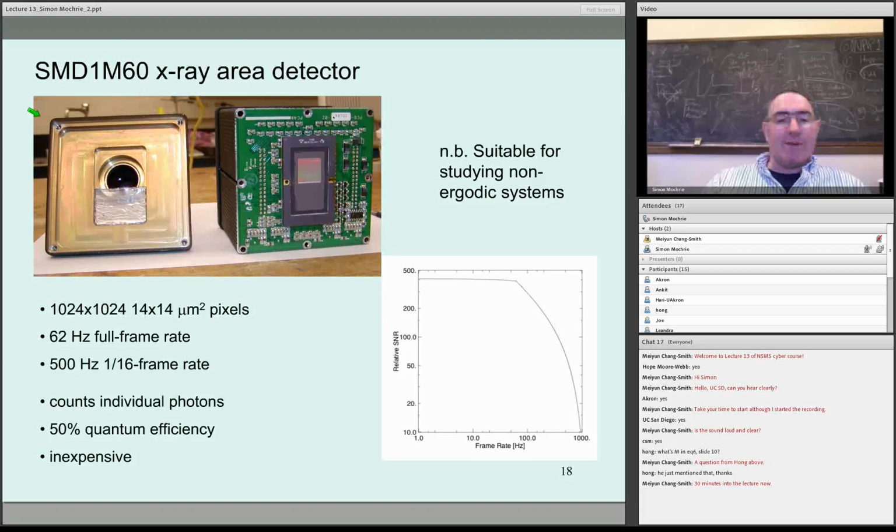You'd like to have a non-zero speckle contrast, 10% or 20%, let's say, and that means that the pixel size of your area detector can't be too large. If it's too large, you'll average over too many speckles. Your contrast will be small, and you risk having systematic errors that you don't want.